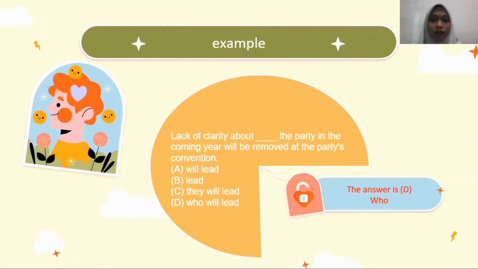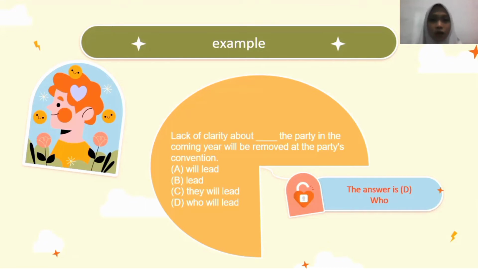Let's now move on to slide 4. Let me give you an example. Lack of clarity about blah blah blah the party in the coming year will be removed at the party's compensation. A. Will it. B. Lead. C. They will lead. D. Who will lead.